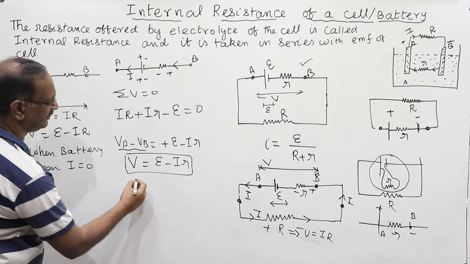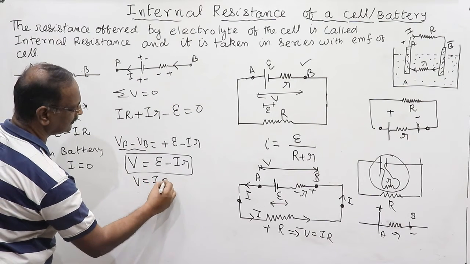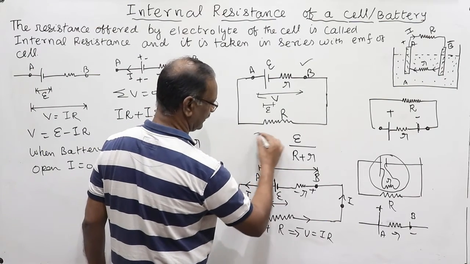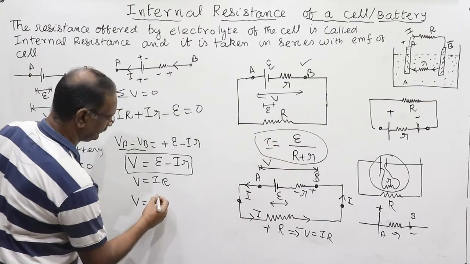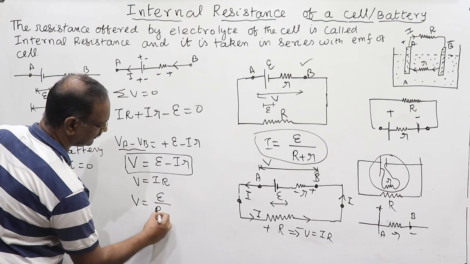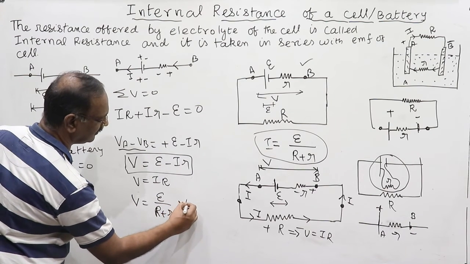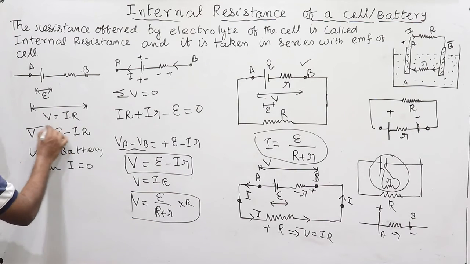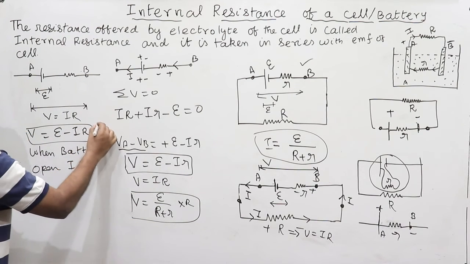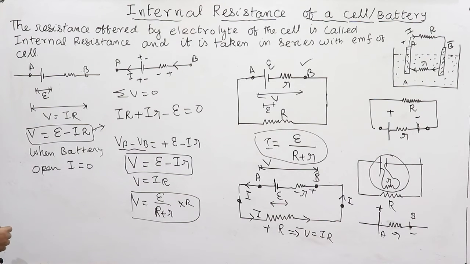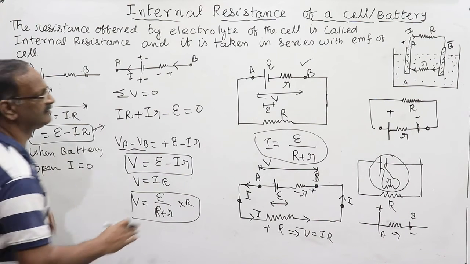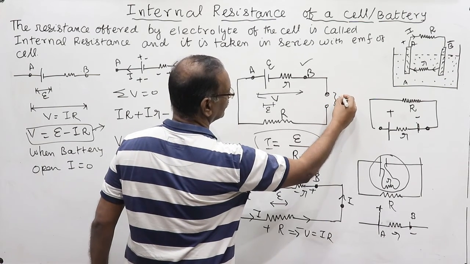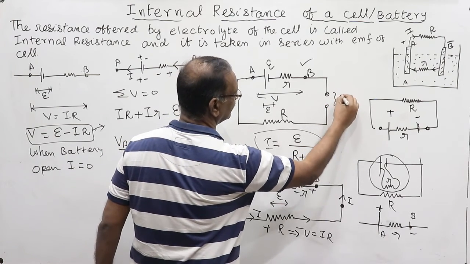Now since we got two equations, V is equal to I into R. What is the value of current flowing in the circuit? The current is equal to E divided by R plus r. I into R is the potential, the terminal potential difference when the battery is connected. When the battery is open, it means this side we open, an open circuit. What is the potential difference at this point?